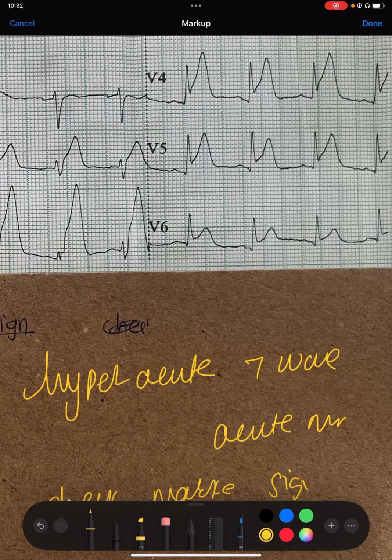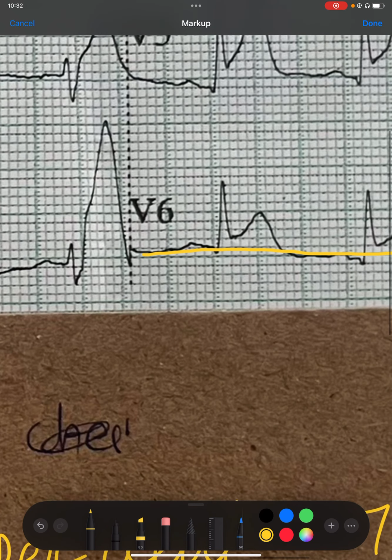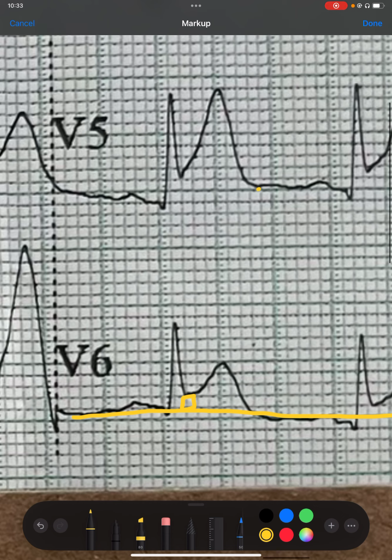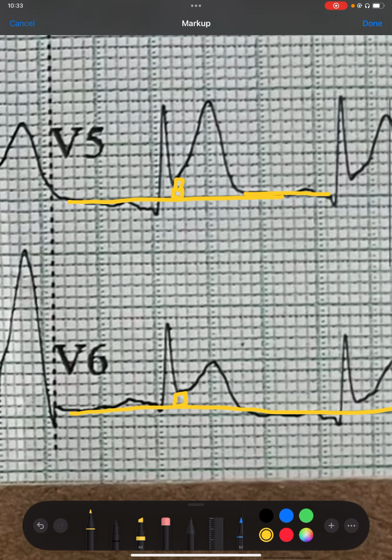See, this is the baseline of the ECG which is running, and here there is crystal clear ST elevation. There is ST elevation here. This is the baseline ECG that is running, and here there is ST elevation of 1 and around 2.